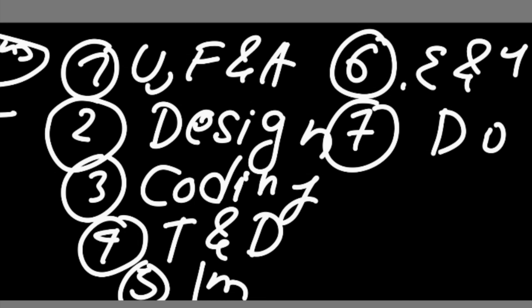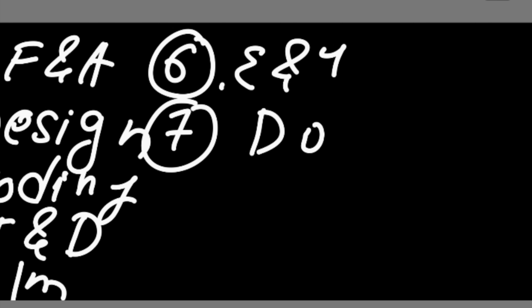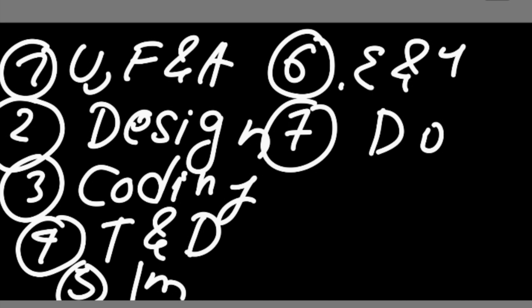Some people go from top to down or stuff like that, but there are various ways of making software, and these are called models. There are a few different models. There are the waterfall model, spiral model, agile model, and more.